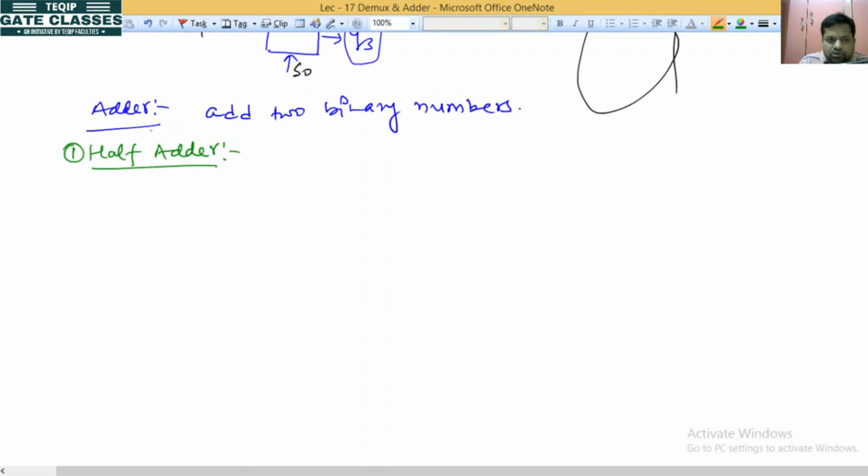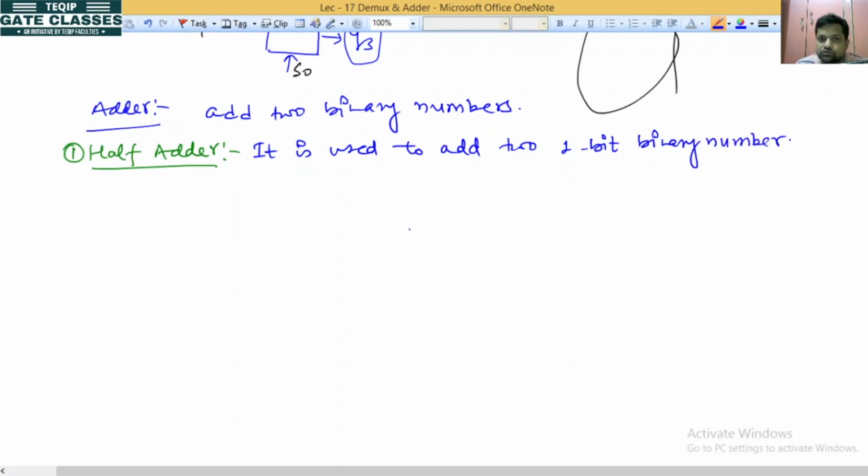So now if you talk about half adder, it is used to add two 1-bit binary numbers. Okay na, always remember this.